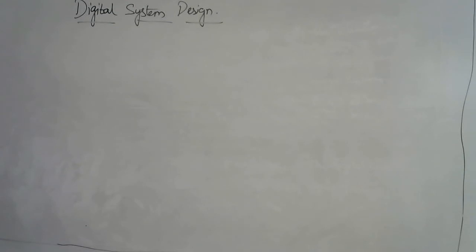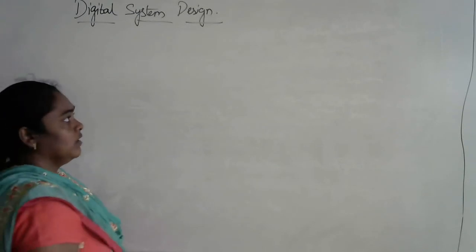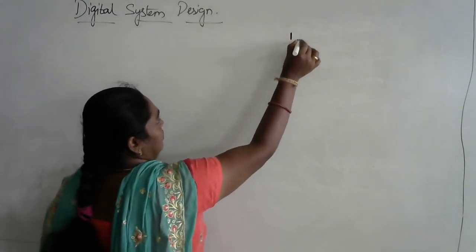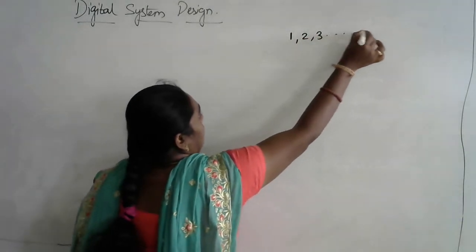One application of a decoder is that it is used to display numbers. For example, on a calculator you are able to see the numbers from 1 to 9.